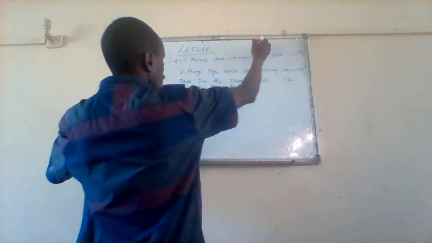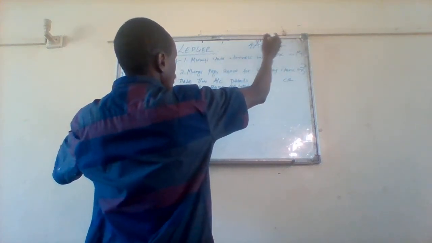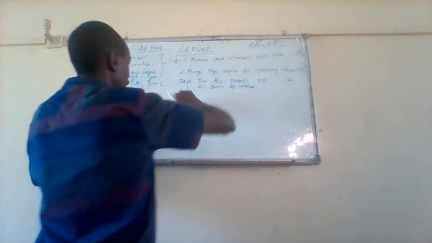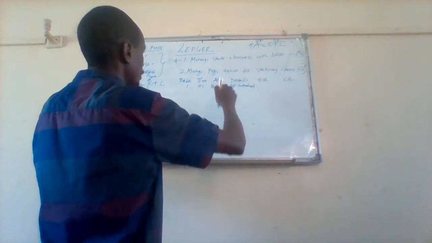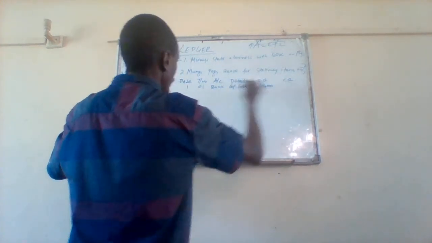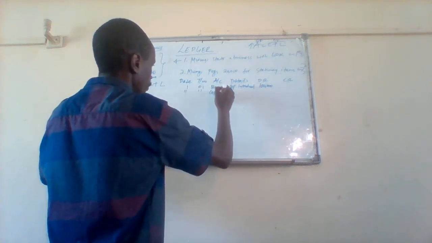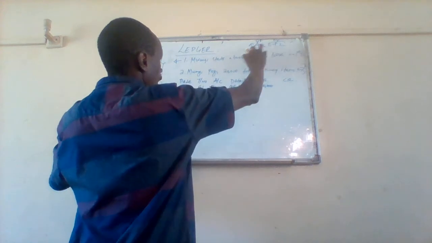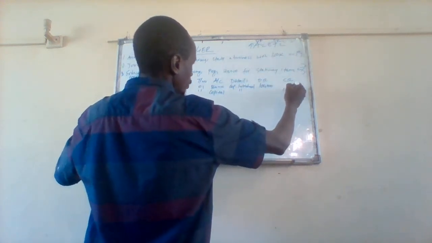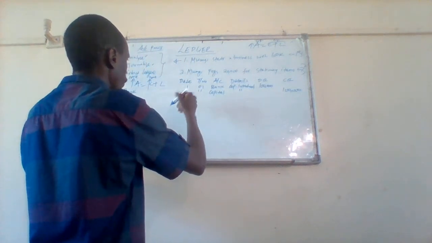When an asset goes up, we do what? We debit. This is debit, this is credit. So asset has gone up, so we will debit with 100,000. The next is capital account, which has gone up, so we credit. The same details, this 100,000. So this is journal number 1.